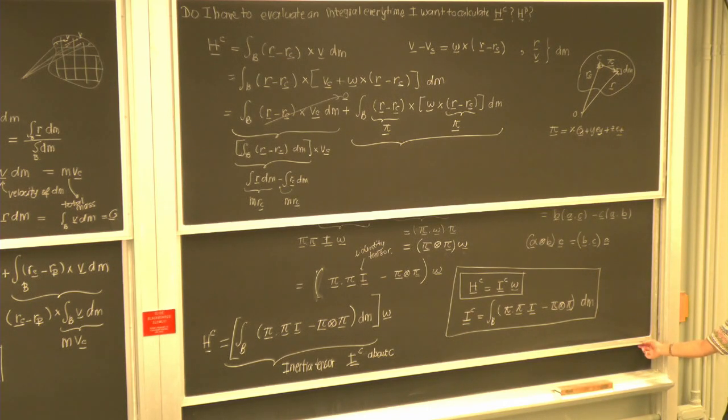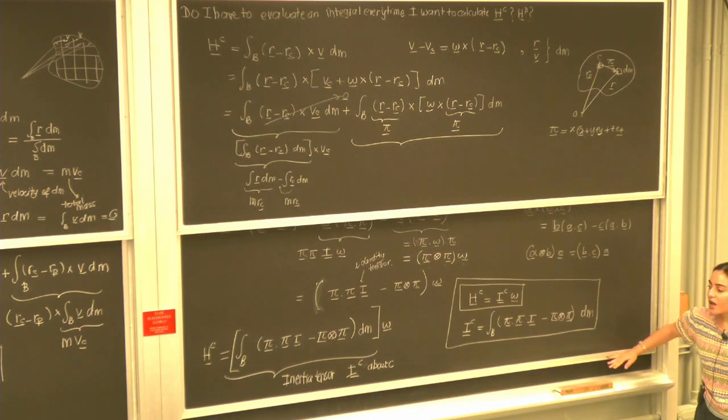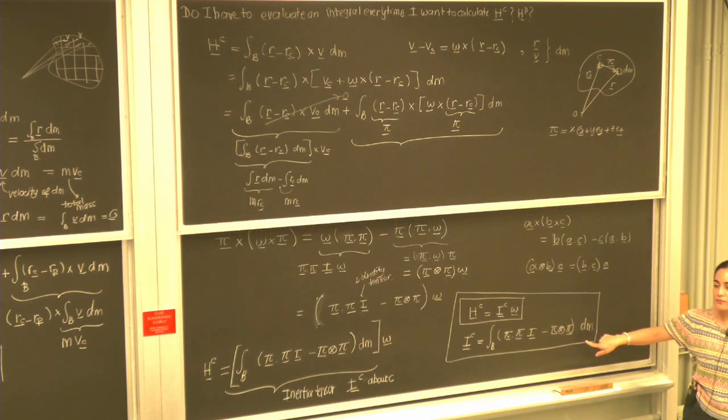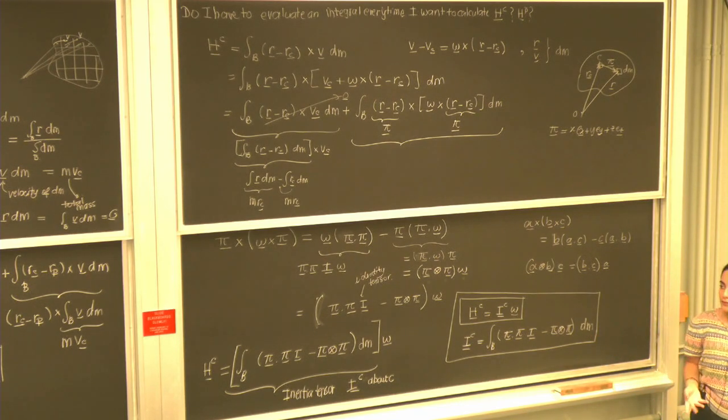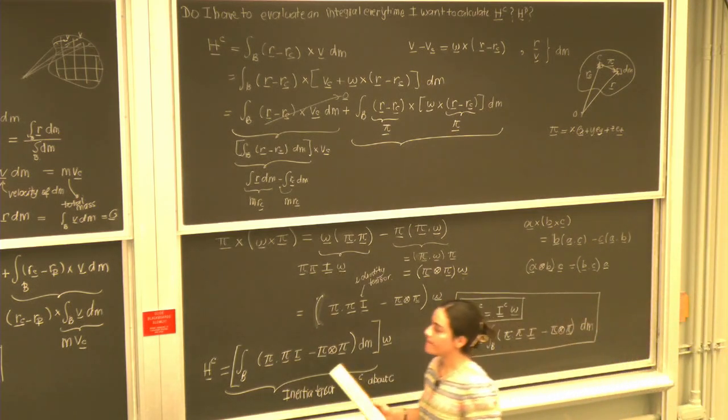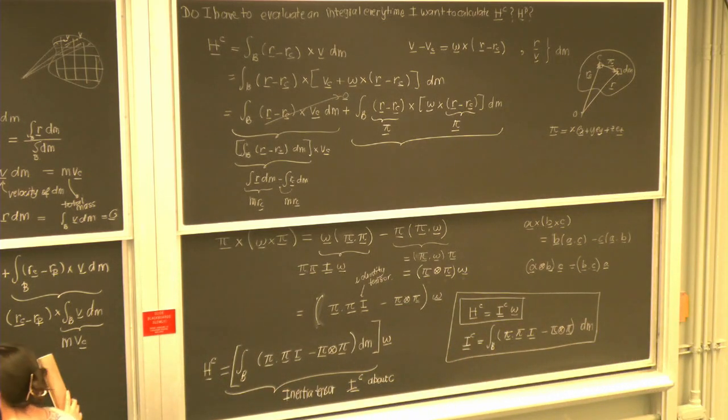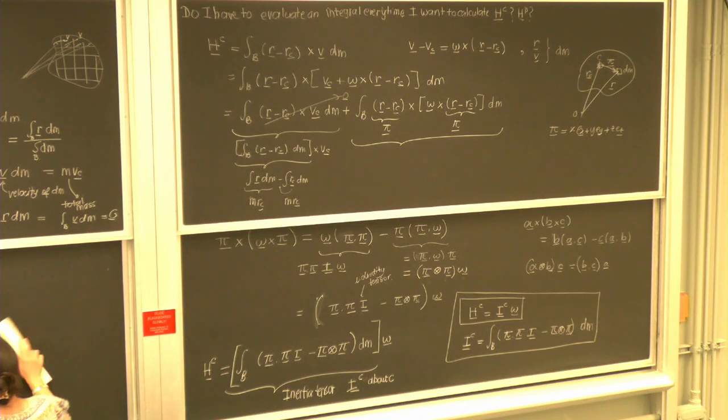And then this integral, well, let us see what the matrix representation of this integral is going to be, so what the components of this are going to be in the Cartesian basis. So let's do this. Okay.